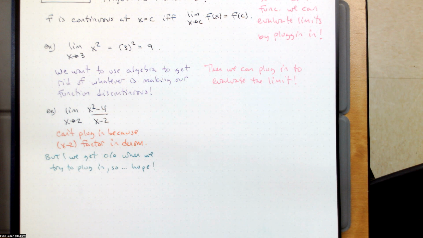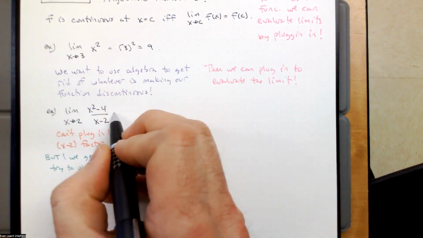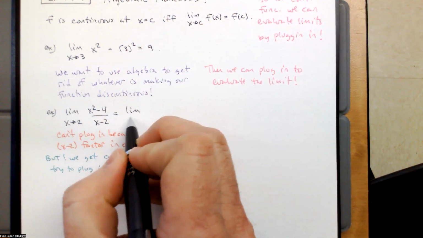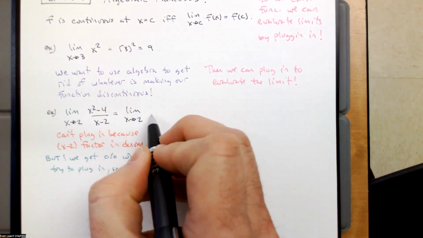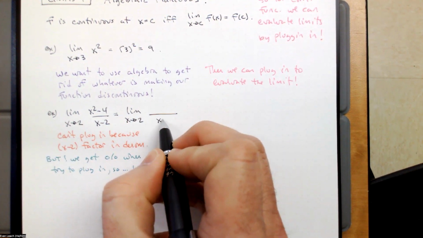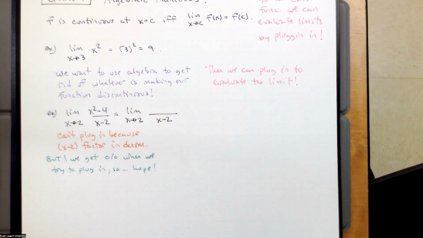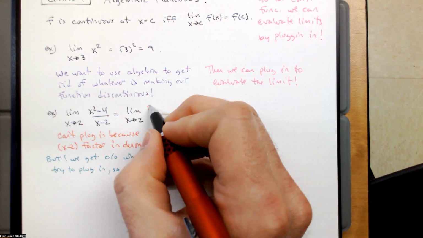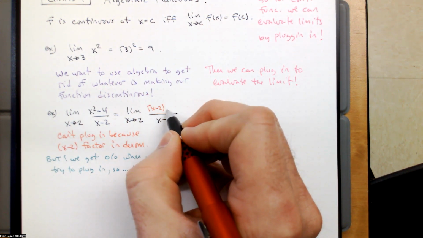So what we're going to do is use algebra to cancel out the x minus 2. I'm going to factor the numerator. This is why we can see the 0 over 0.